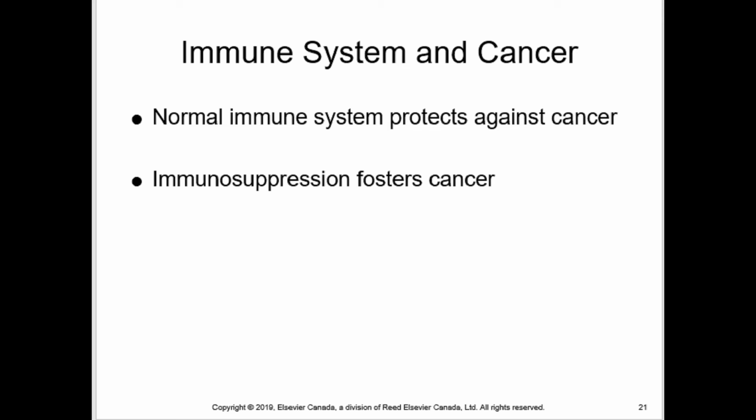Immunosuppression examples include the patient who has HIV, or perhaps the patient who's undergone a heart transplant and is now taking immunosuppressive medication to prevent tissue rejection. In these types of cases, individuals are immune compromised. This environment may actually foster the development of cancer.